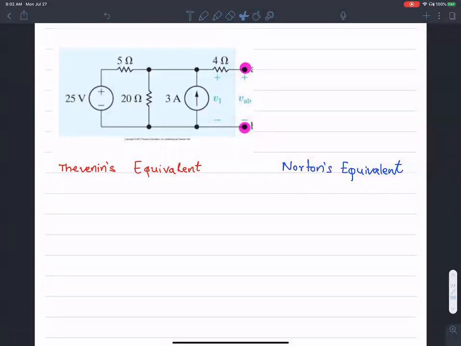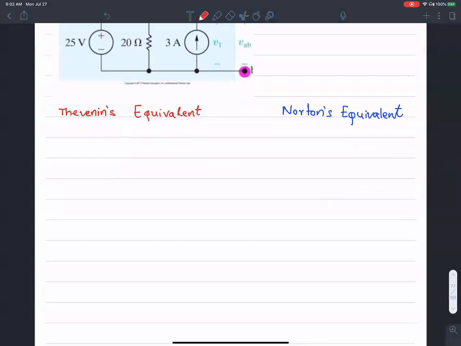Thevenin's equivalent came out to be a voltage source with a series resistance.